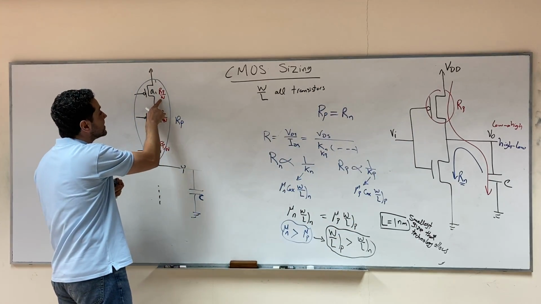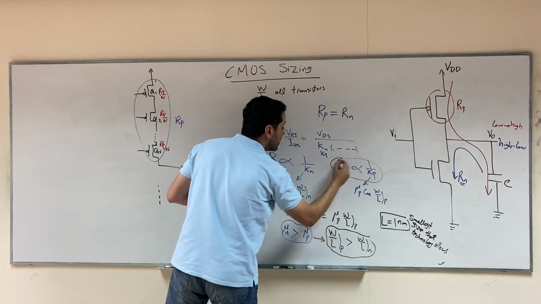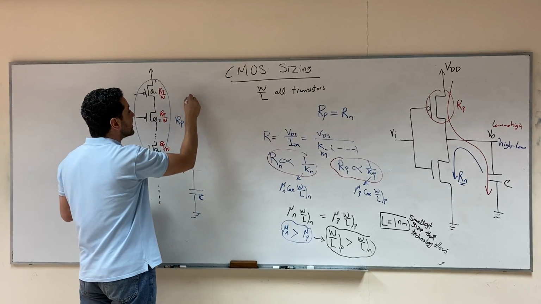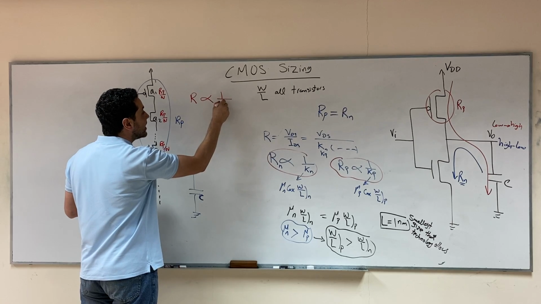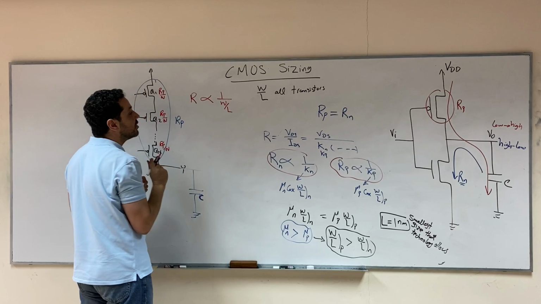And since the resistance is divided by N, what happens to W over L? We mentioned before that the resistance is inversely proportional to K, which means that it is inversely proportional to W over L.